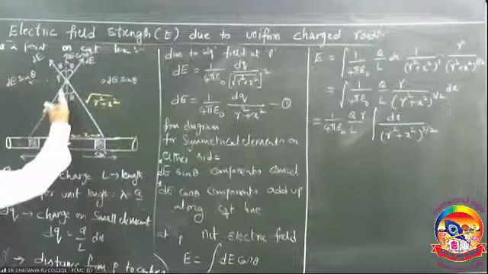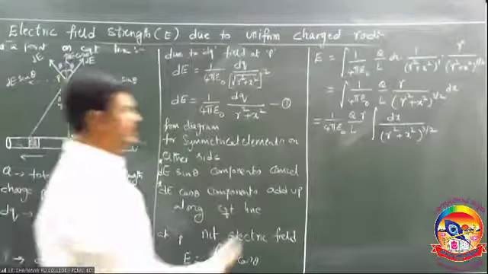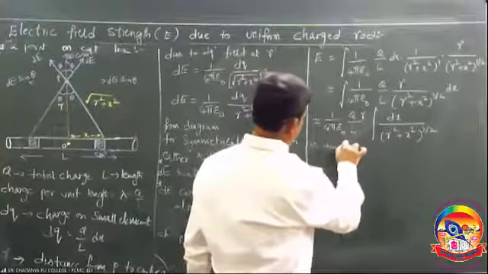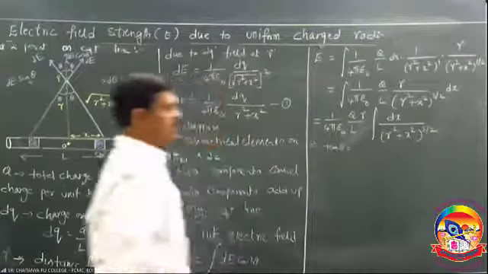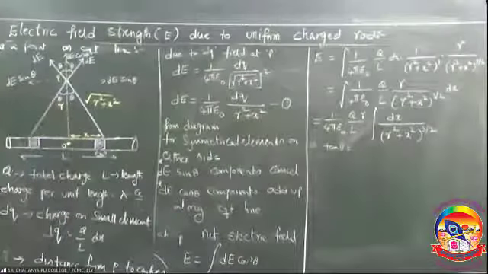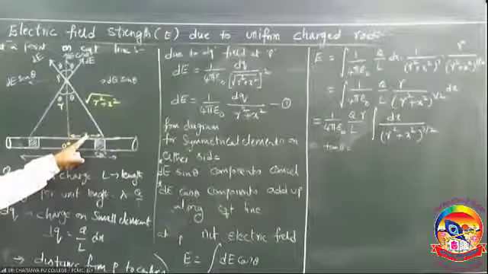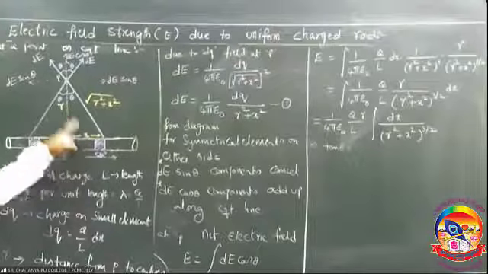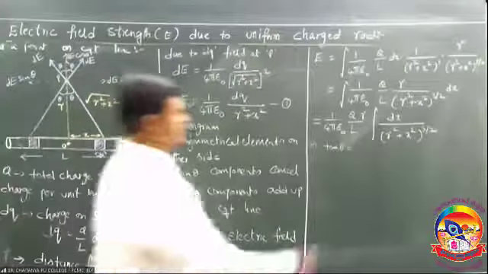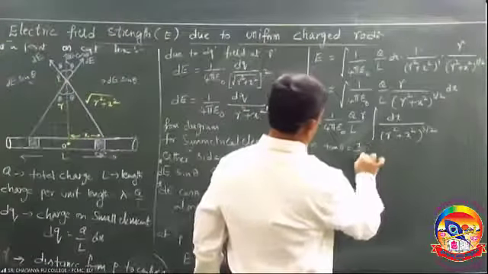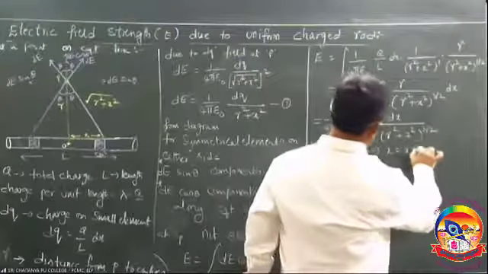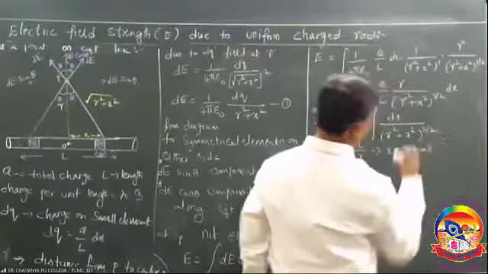See, from this diagram, what is tan theta? This is the opposite side, this is the adjacent side. So tan theta is equal to x by r. So x is equal to r tan theta.